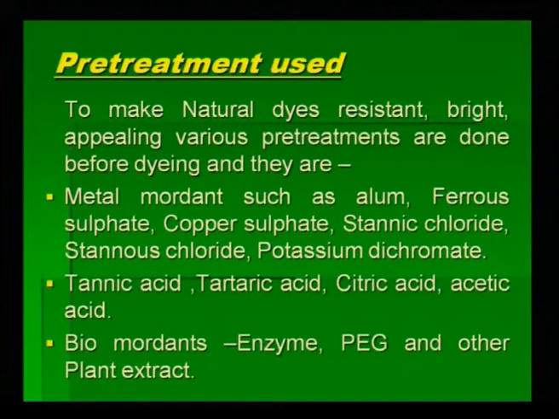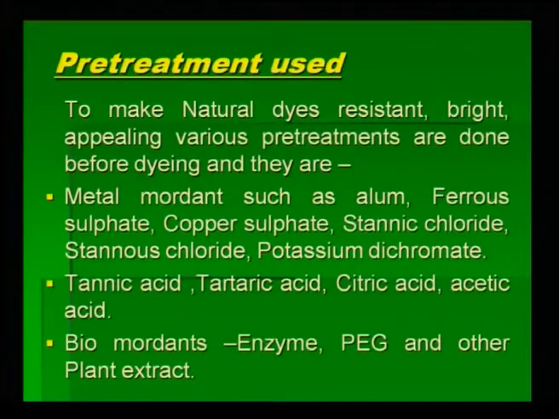We will dedicate another lecture for pretreatments in the following few lectures, but right now you should understand that mordanting goes hand in hand with natural dyeing, and therefore mordanting with metal mordants such as alum, ferrous sulphate, copper sulphate, stannic chloride, stannous chloride, potassium dichromate are very common.